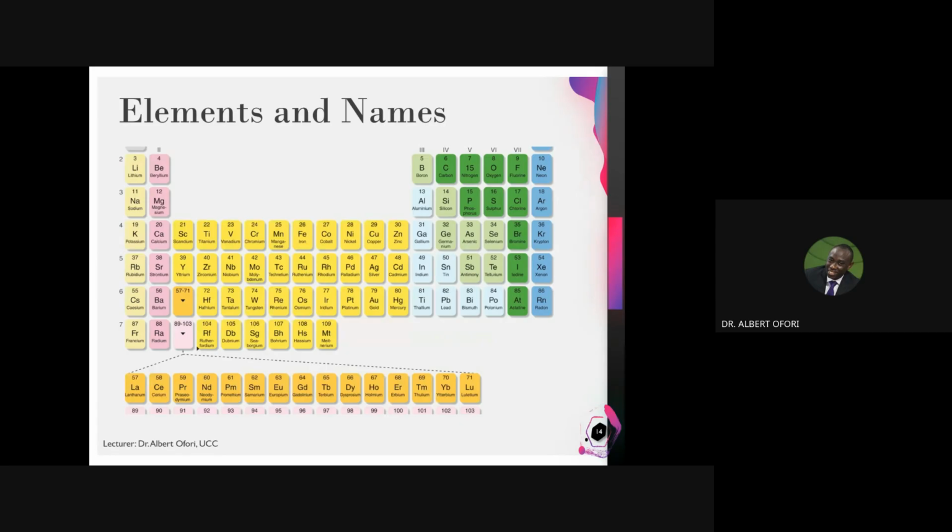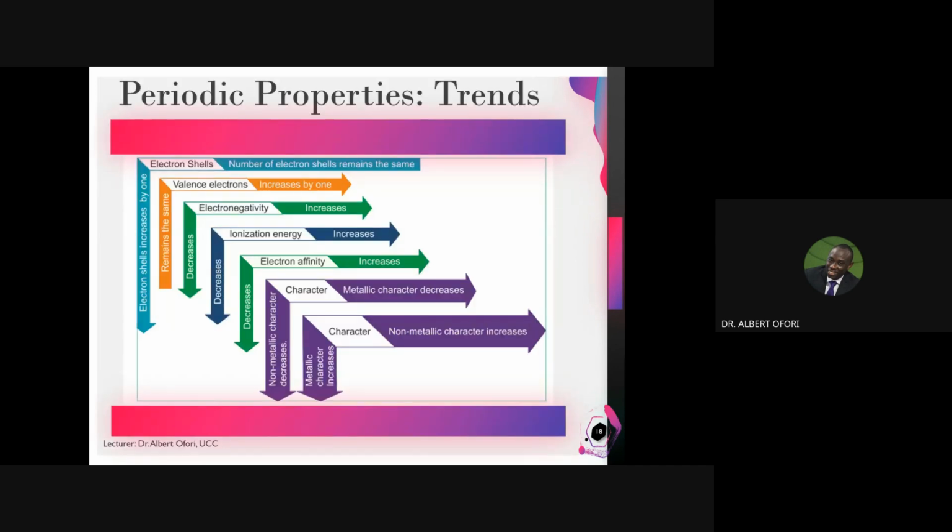Properties like ionic size or atomic size, ionization energies, whether first, second, or third ionization energy, electron affinity, electronegativity, metallic strength, reactivities, and those kinds of things. So let's look at the periodic properties. I'll take them one after the other and go through them.